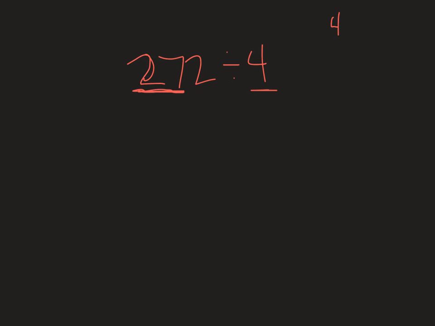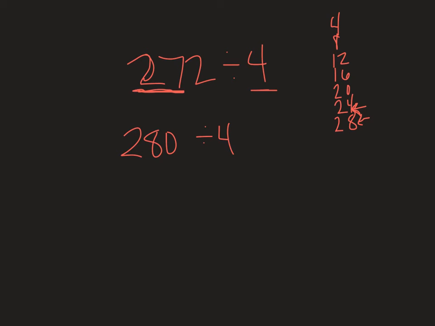So if I count by 4s, 4, 8, 12, 16, 20, 24, 28. Okay, so these are all multiples of 4. 272, or 27, falls between these two, but it's really close to 28, isn't it? So I'm going to say this, I'm going to use 280 divided by 4.